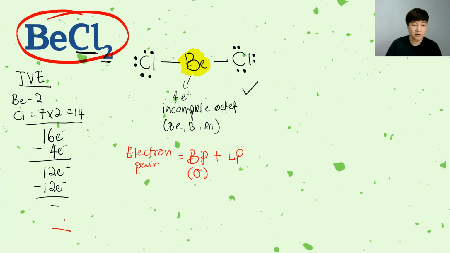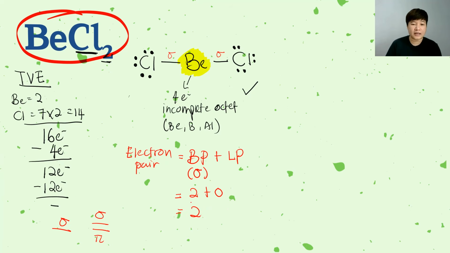If you have a single bond, it's a sigma bond. If you have a double bond, then it will be a sigma and a pi. Bear that in mind. So all that is a single bond, so that is your sigma, that is your sigma. So your electron pairs for this molecule will be 2 sigma plus 0 lone pairs, because around your central atom there is no lone pair. Therefore, your electron pair is 2.